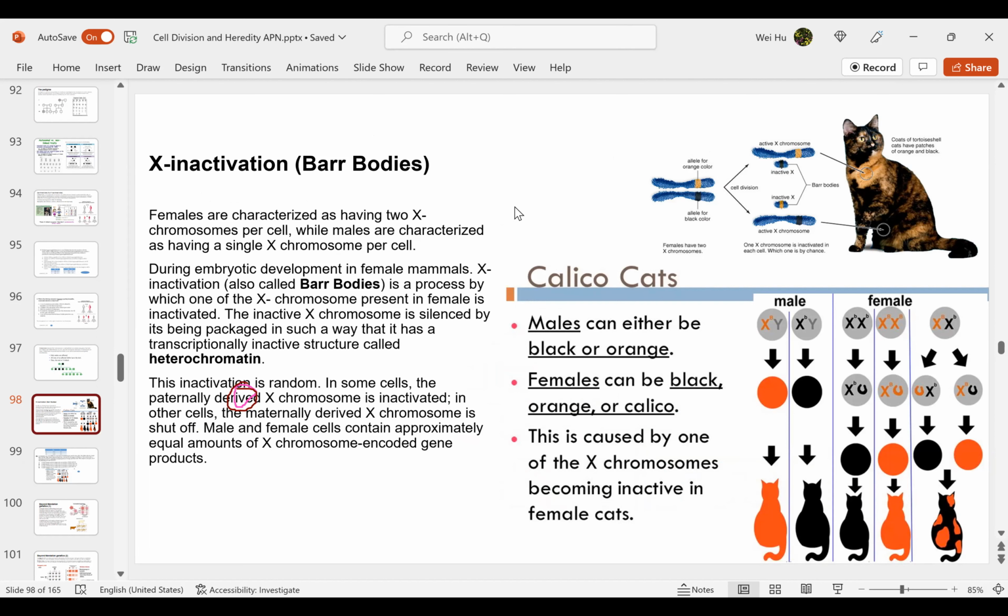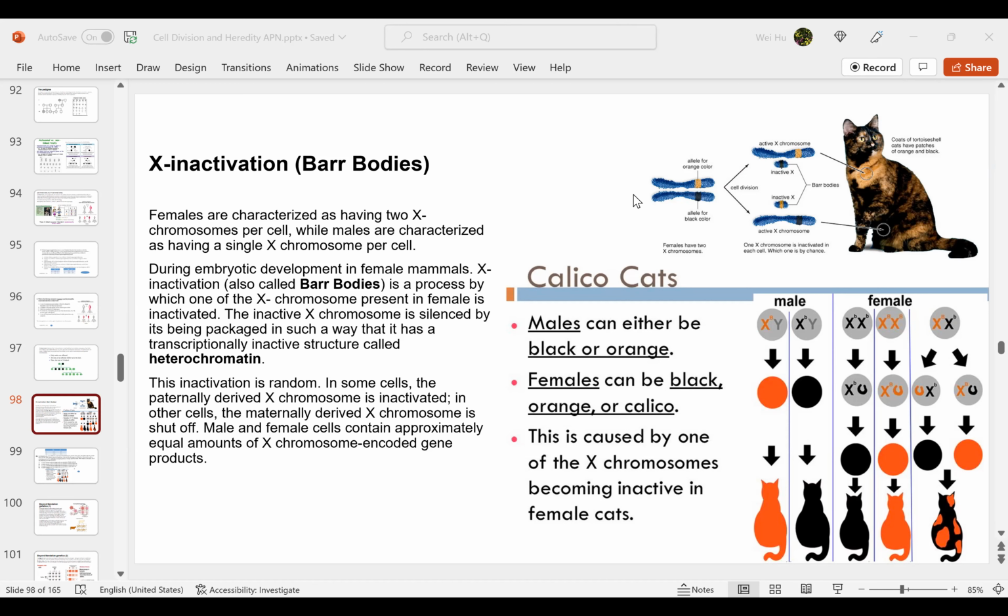They call it inactive. Such as in cats, one X is inactive. It only happens in the female because only the female has 2 X's. If it's a boy, you don't have this choice because you only have 1 X.